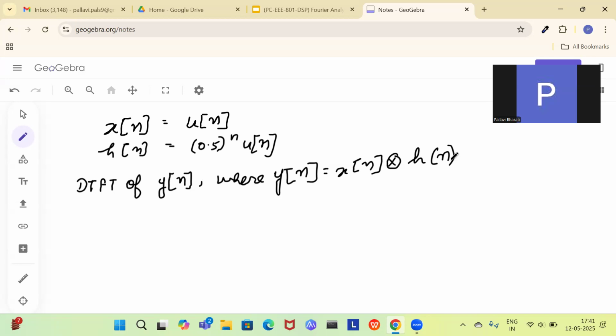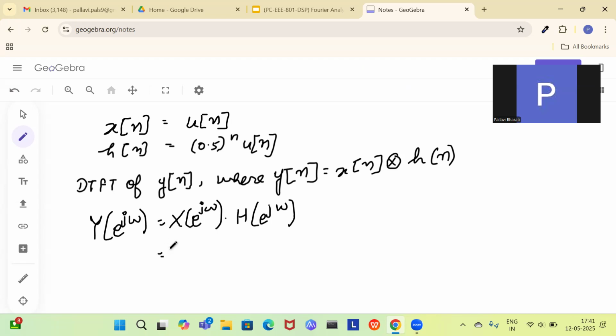You can directly find the DTFT of y[n], which will be written as Y of e to the power of j omega. That will be equal to X of e to the power j omega multiplied simply with H of e to the power of j omega.